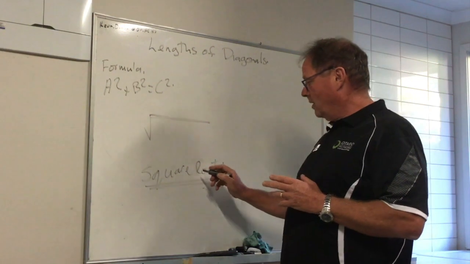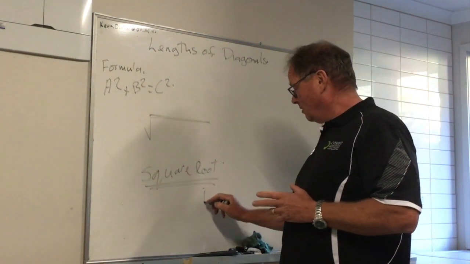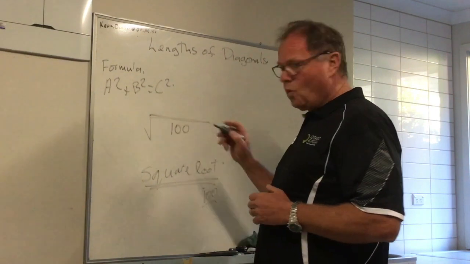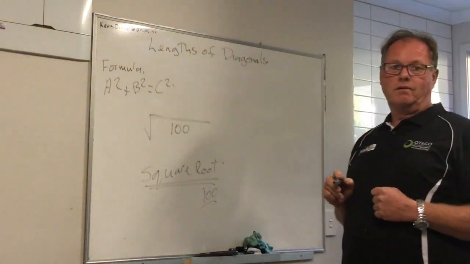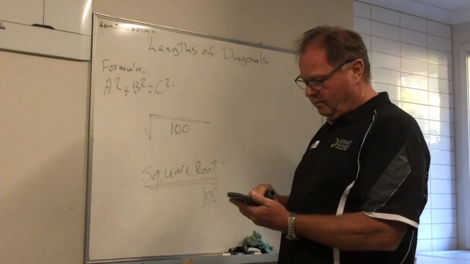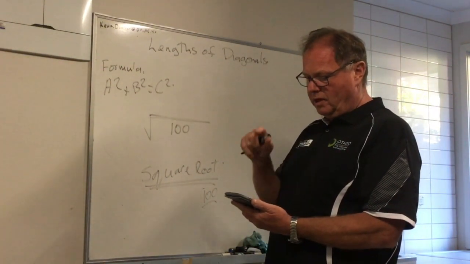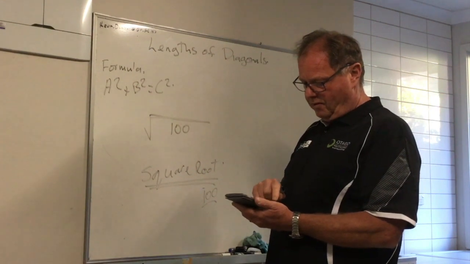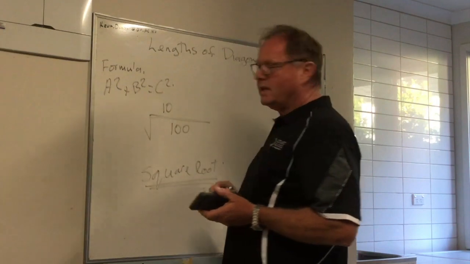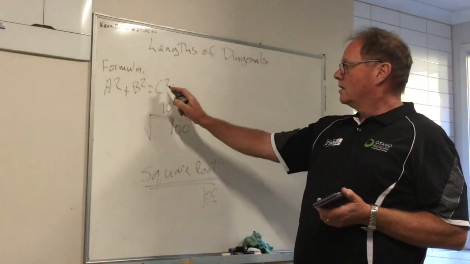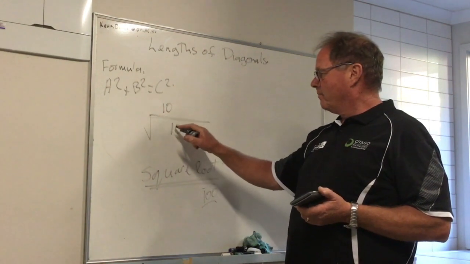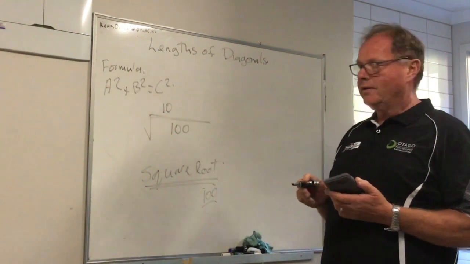So if we picked a number like 100, so if we put 100 here, what times what equals 100? So on the calculator there's a square root button, square root of 100 equals 10. So we can put 10 there. So we know that 10 times 10 equals 100, and that's the square root of 100, is 10.